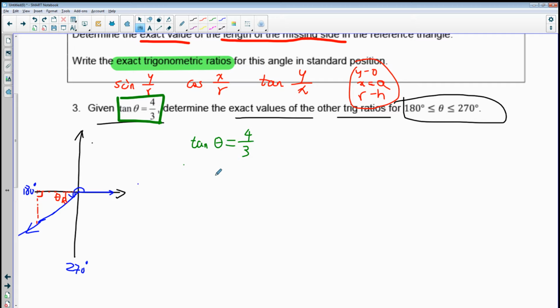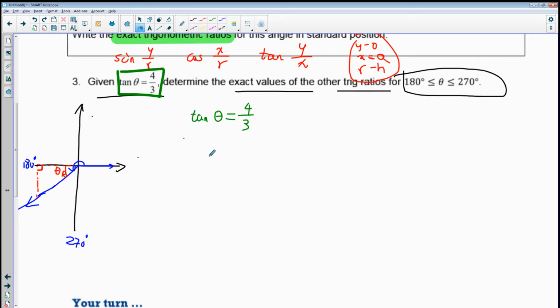Tangent, by our definition, is not opposite over adjacent. It's y over x, which is 4 over 3. So if that's the case, x doesn't have to be 3, y doesn't have to be 4, but when x is 3, y has to be 4 because it satisfies the ratio.